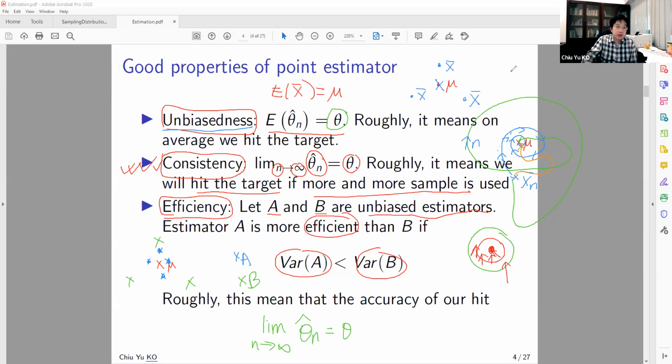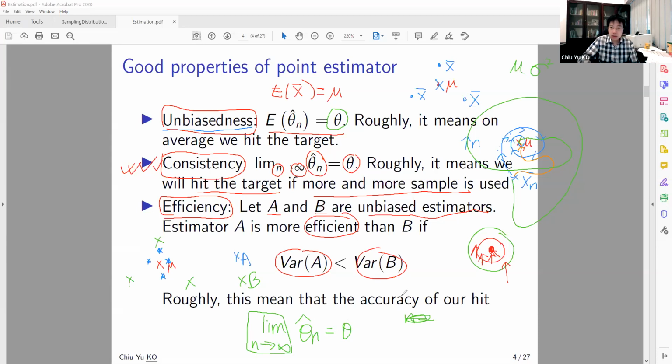You can imagine it's mu, can be sigma square, can be many things. So that's the second thing here, this limit, okay? Forgetting about the technical term, it means when n grows, this one will be as close as we want.